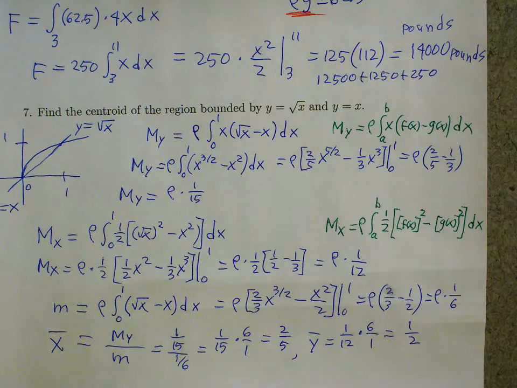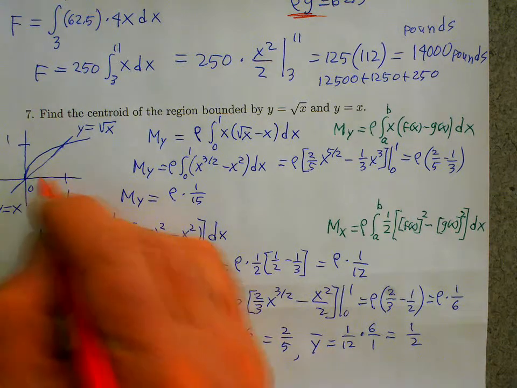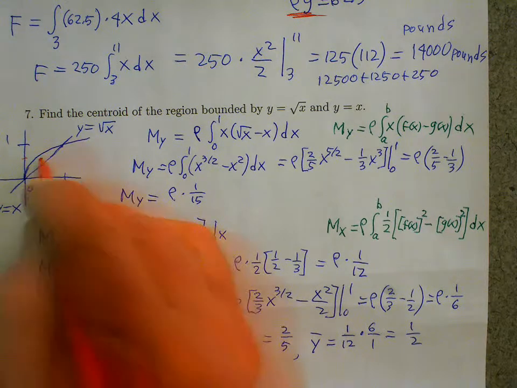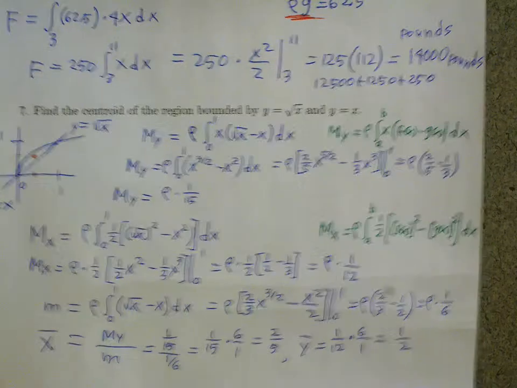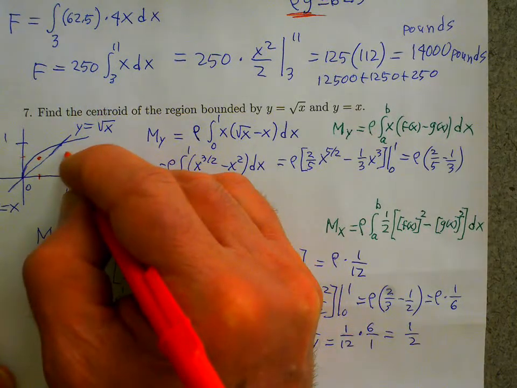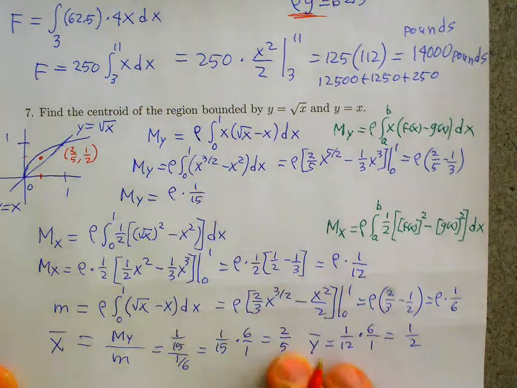Okay, the answer looks reasonable. The point (2/5, 1/2) looks like it's in the region. So (2/5, 1/2) is what I got for the centroid.